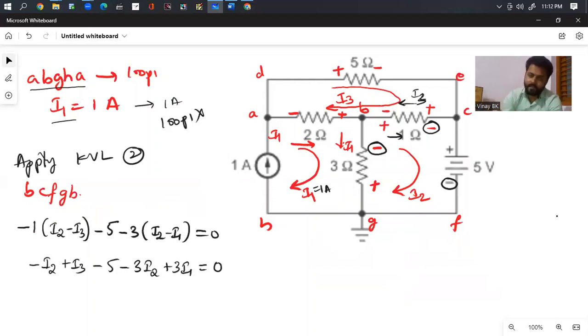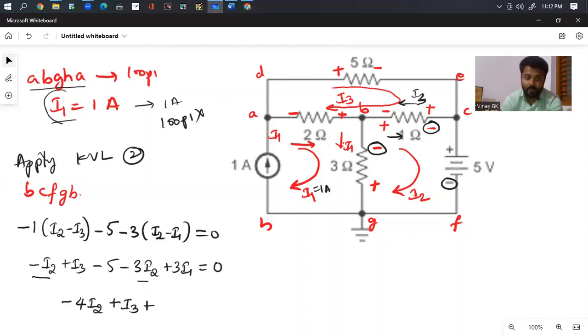So minus 5 I'll send to the right side. Again, minus I2 minus 3I2 is nothing but minus 4I2, plus I3 as it is, plus 3I1. But what is the value of I1 here?